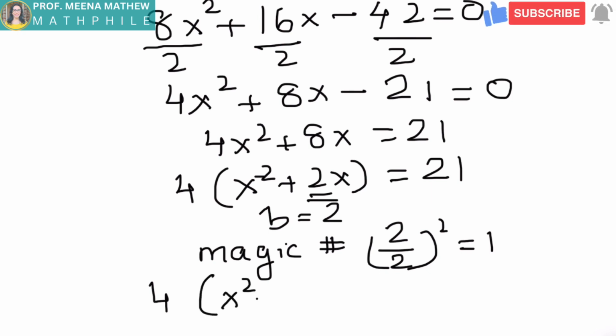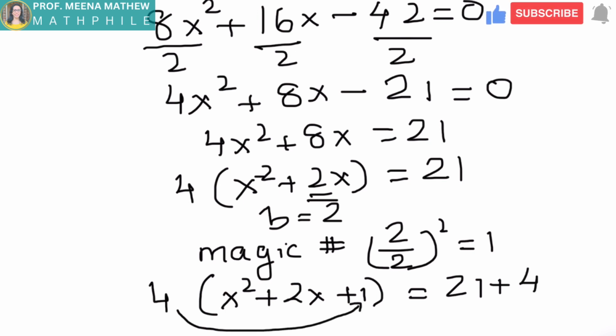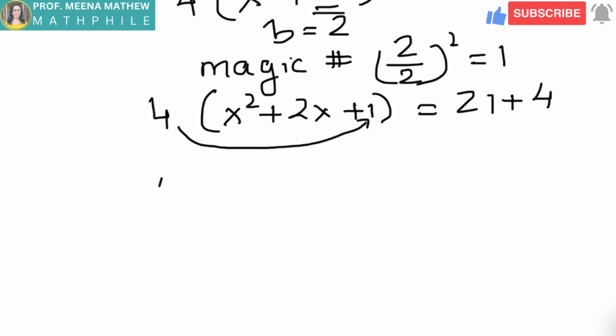x square plus 2x plus 1 equals 21, and if you notice, there is a 4 outside, so we have to multiply that 4 and 1 here, that is 4. So our equation is now 4, and we can take the square root of this and this because this is a perfect square.